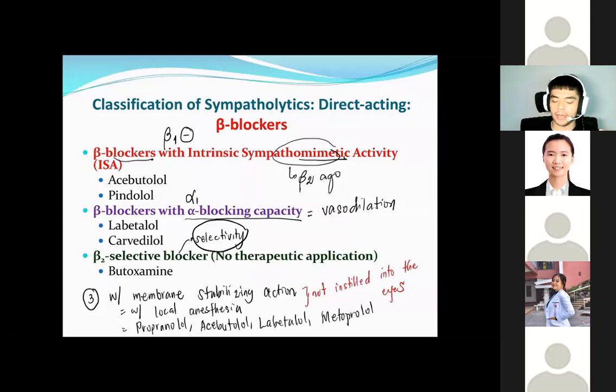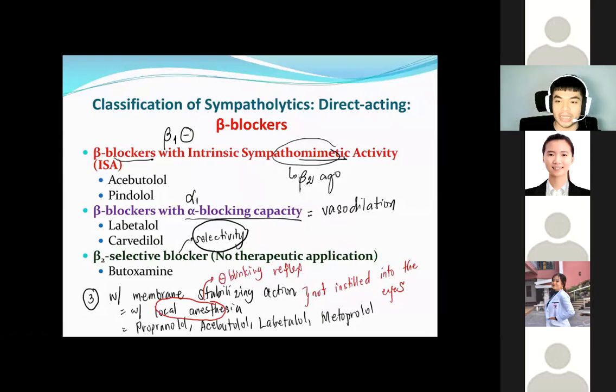Question, why? Bakit? Ang isang effect ng beta blockers na ito, may local anesthesia. Kaya pag in-administer sa mata, nag-i-induce sila ng anesthetic effect sa mata. O anong implikasyon nun sa mata? Napipigilan nila ang pagkurap natin. They can inhibit blinking reflex. Siyempre, important ang pagkurap.